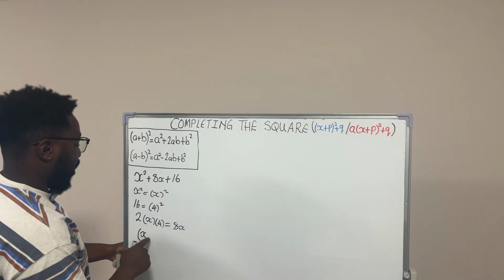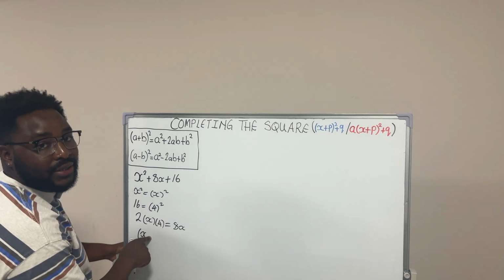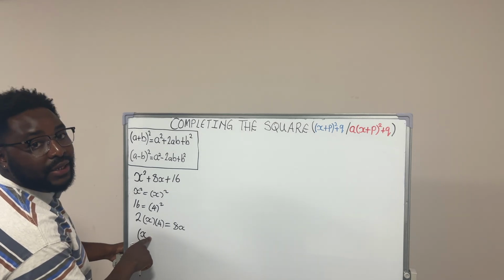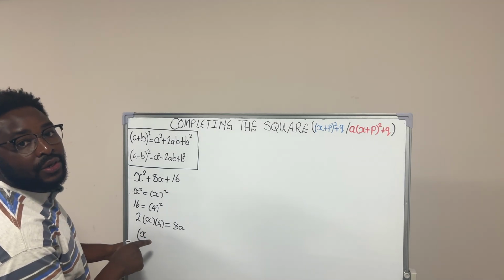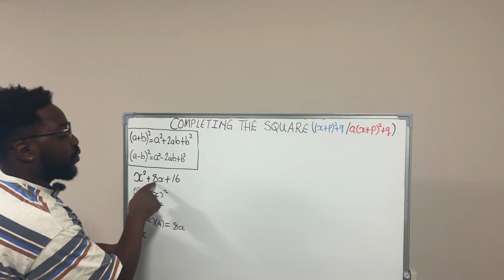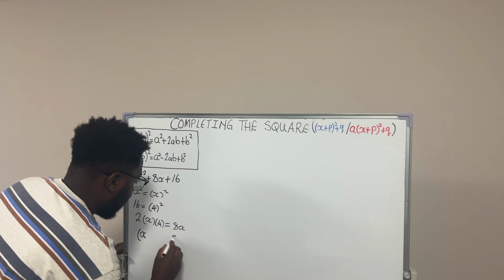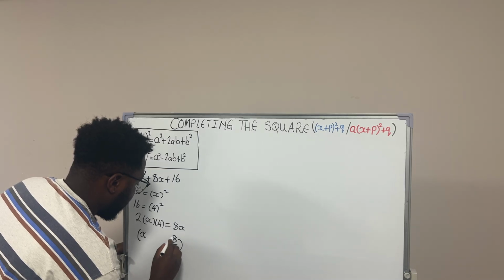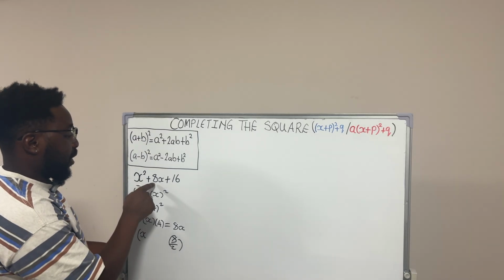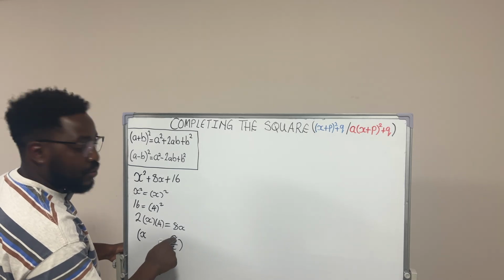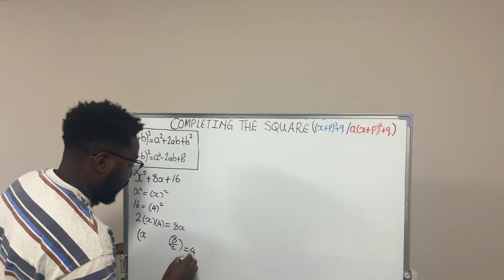Okay, so then how do we find the constant in the bracket? To find the constant in the bracket, we just have to take half of the x coefficient. So we are talking about taking half of the x coefficient, and the x coefficient is 8. So 8 divided by 2 is what? It is 4, right?